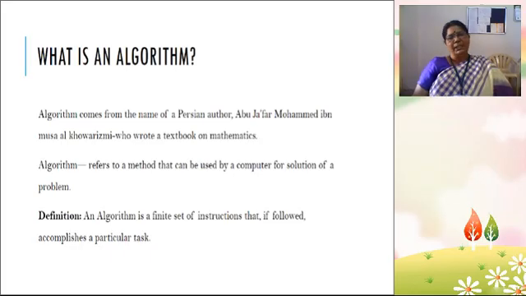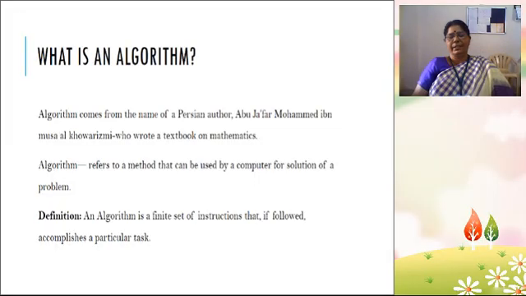So what is an algorithm? There are so many definitions. Basically, it refers to a method that can be used by a computer for finding the solution to a problem. To be specific, it is defined as a finite set of instructions that, if followed, accomplishes a particular task. Even at home, when you want to cook a new recipe, we need a set of instructions.